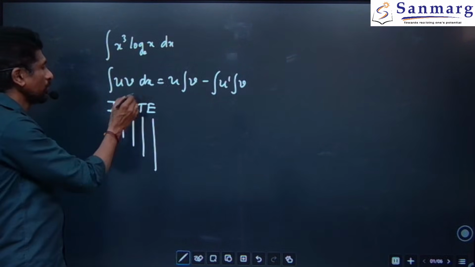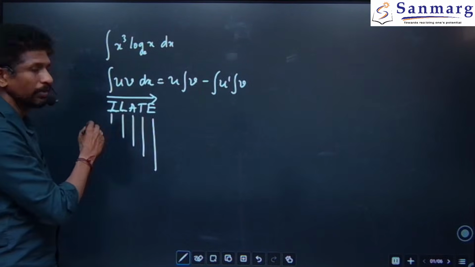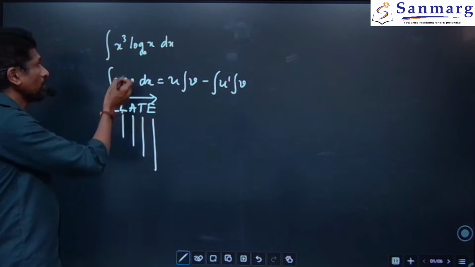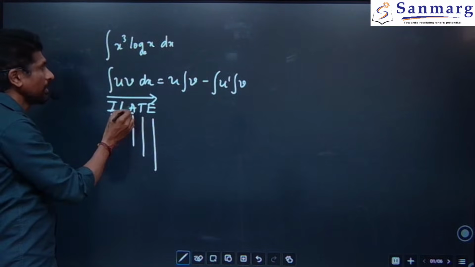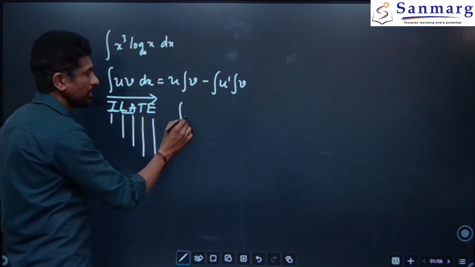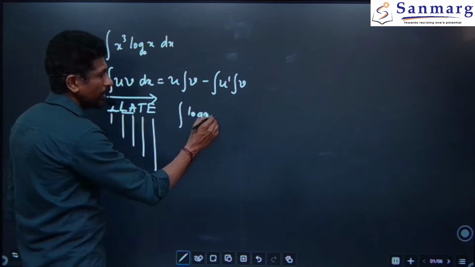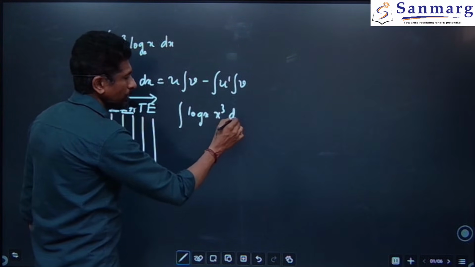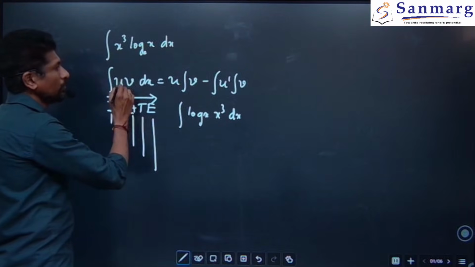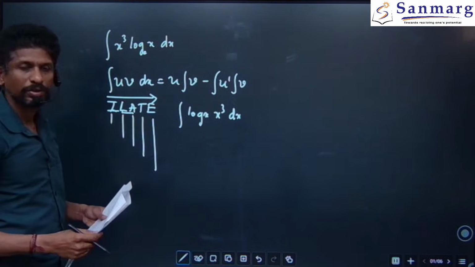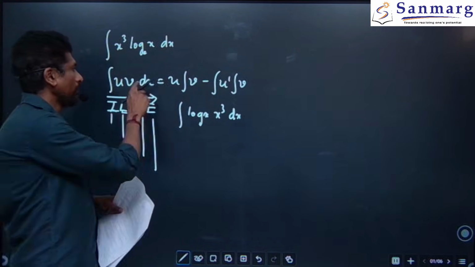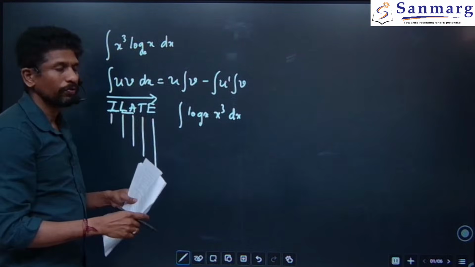So now based on that it is always moving from left to right direction. First one is logarithm function, after that algebraic function is there. So therefore you have to consider u as log x and v as x cube. Now from u to u dash you have to find out, means differentiation, and from v to integration of v you have to find out.